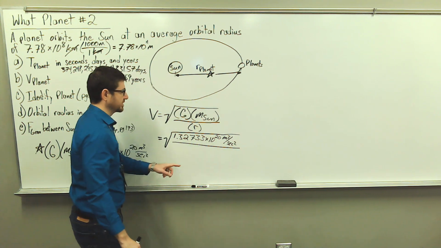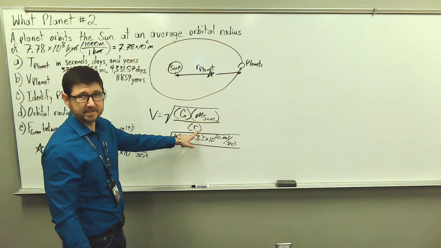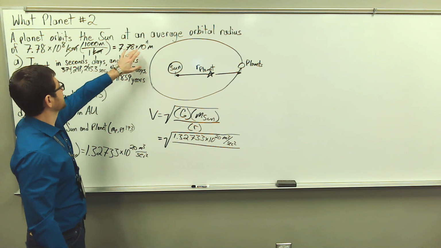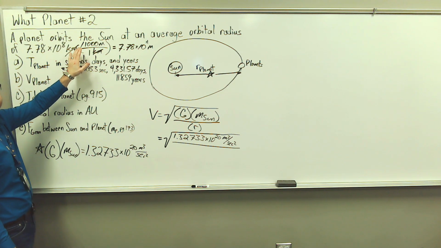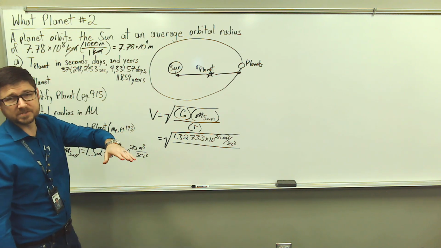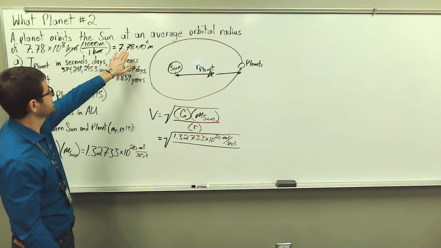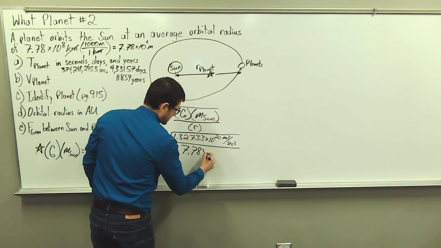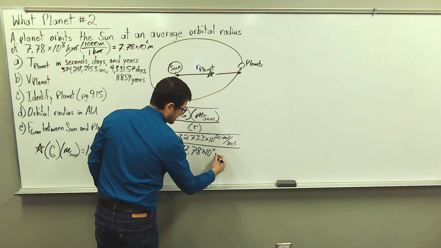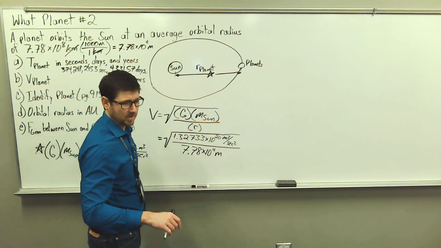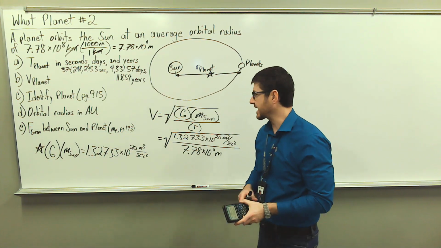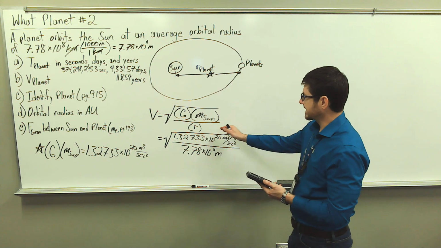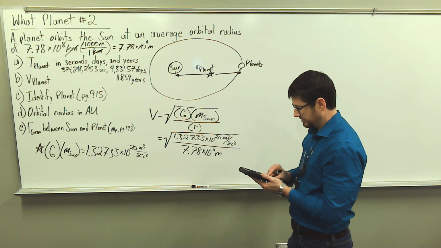And then we're going to divide by the average orbital radius of the unknown planet. And we did some dimensional analysis over here. Remember, we converted from units of kilometers to units of meters. I have 7.78 times 10 to the 11th meters. Okay, so let's take out our calculator. Let's go ahead and take care of the numerical value here.